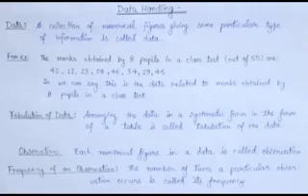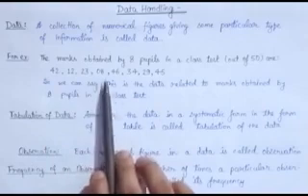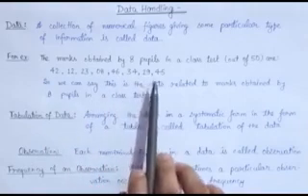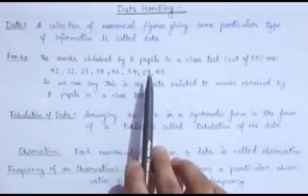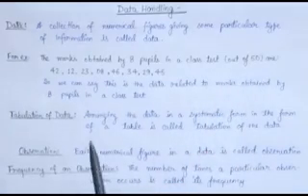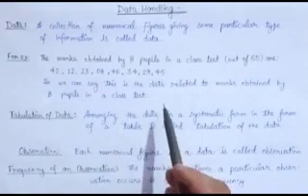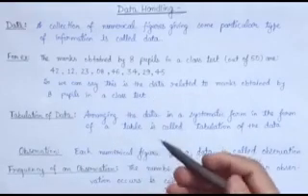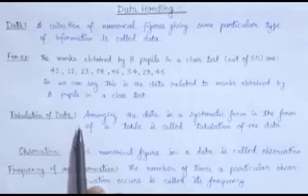Here you can see that these numerical figures are giving us information about the marks obtained by 8 pupils in a class test out of 50. So we can say that the collection of all these numerical figures is data because it is giving some information.